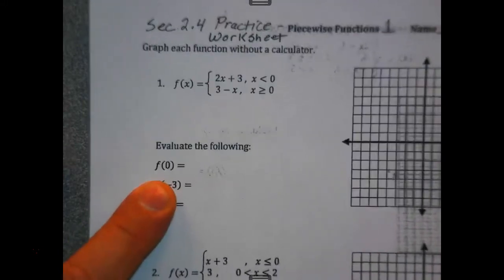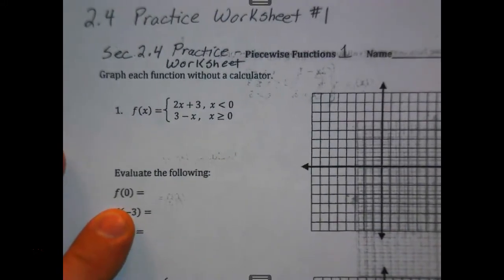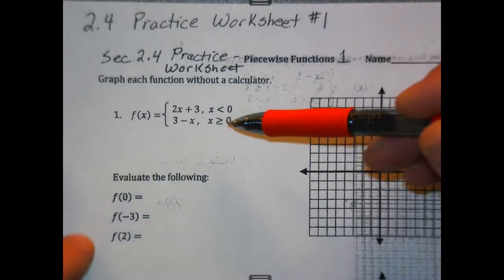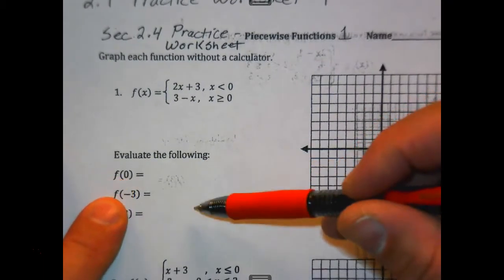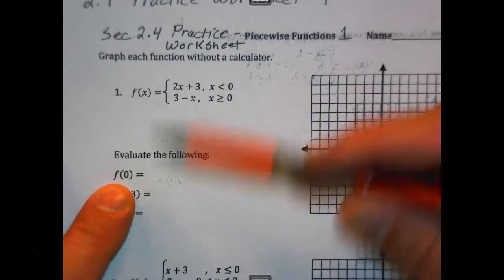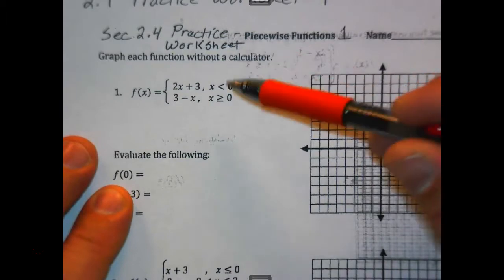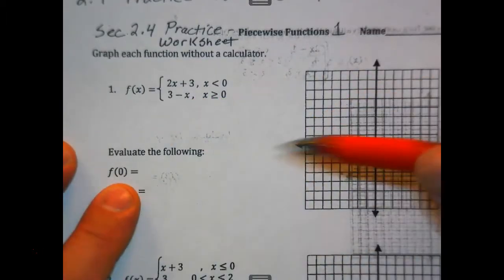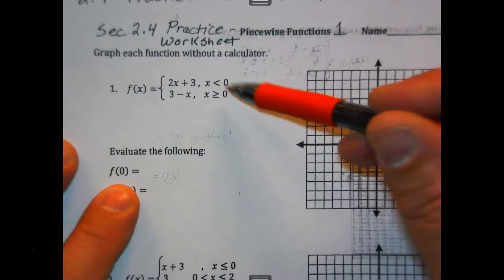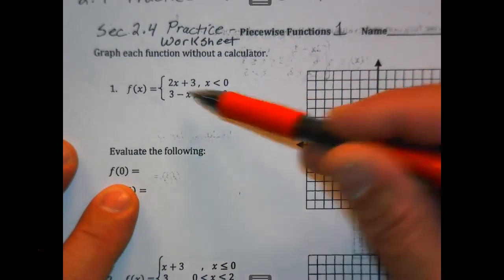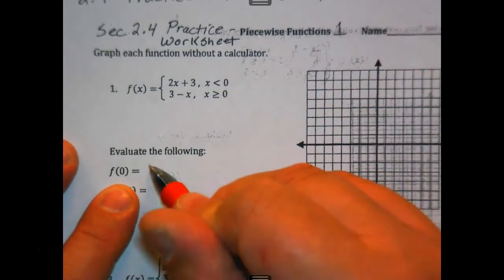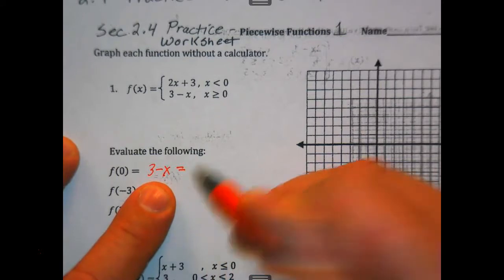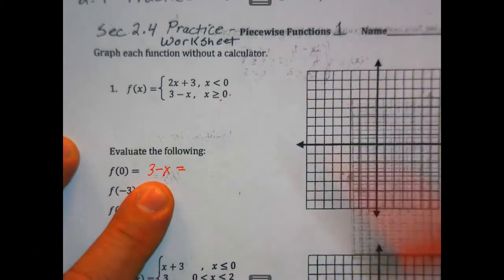Where it says evaluate the following, well, first you have to graph this. Then it says evaluate the following. We could just evaluate this off of the functions up here, or you can do it on the graph. Let's just do it off of the functions. The f of 0, well, 0 equals 0, so it's going to be the bottom one, 3 minus x, because it's equal to 0.